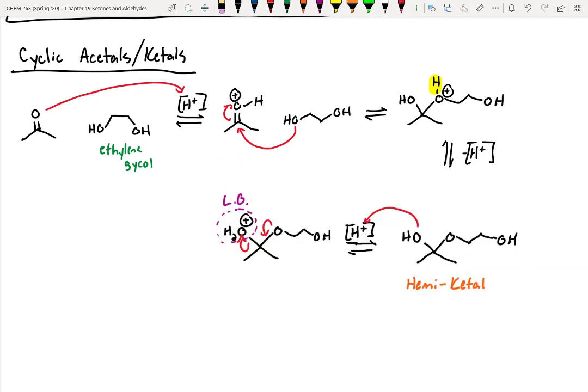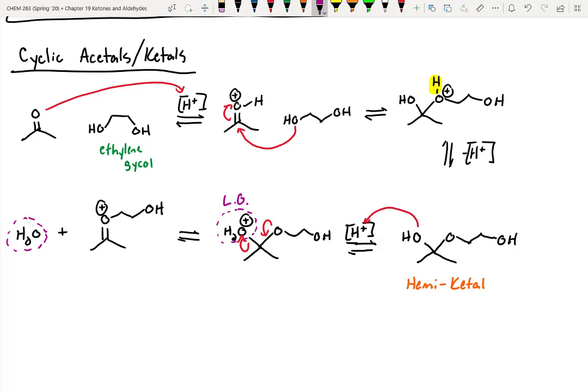And then let's take a look at the intermediate that's formed after we kick off that leaving group. So at this point, we'd have an oxygen with a positive charge, and water will have been ejected off. So this was our leaving group that was ultimately ejected off the molecule.